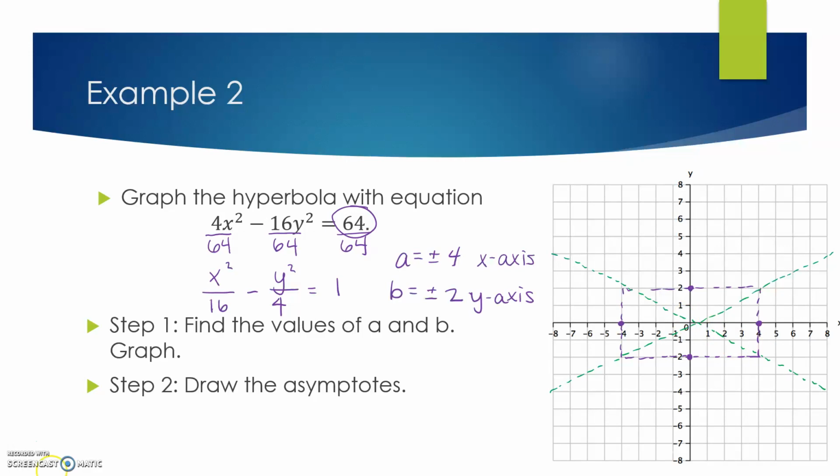And then my final step is to sketch the graph. Since x squared goes first, I know that it has to open outwards, so I'm going to start here and get close to those asymptotes, but I'm never going to cross them.